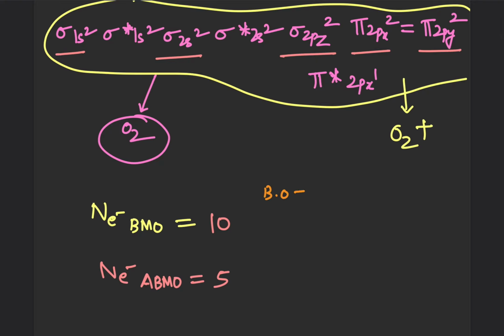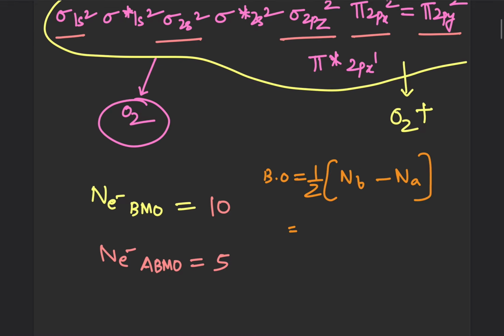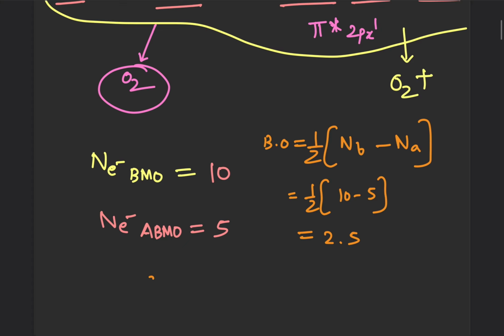Bond order is half of the number of electrons in bonding orbitals minus the number in anti-bonding orbitals, so it is half of 10 minus 5, which is equal to 2.5. Therefore, statement A is incorrect.